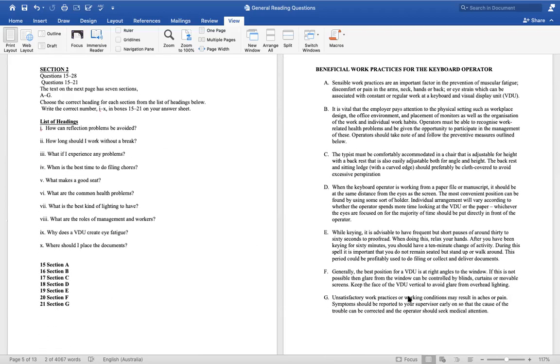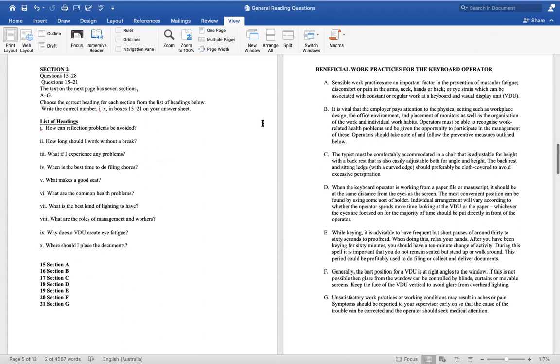The passage is given here on your right and the questions are over here. You have to match the information given with the headings.